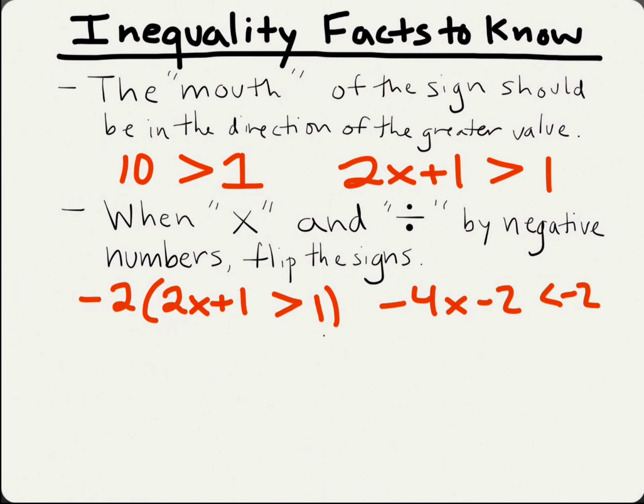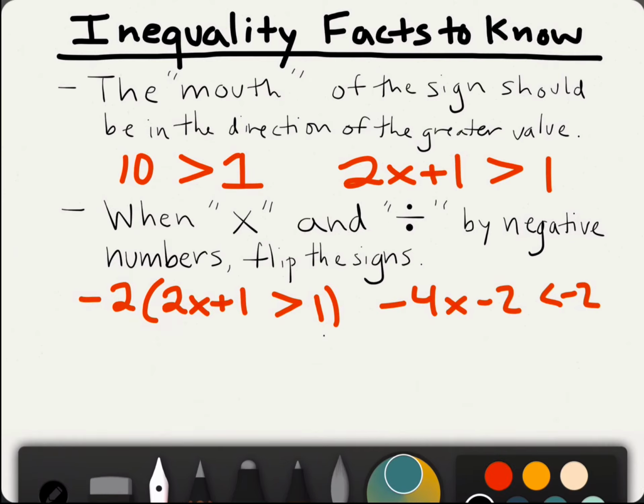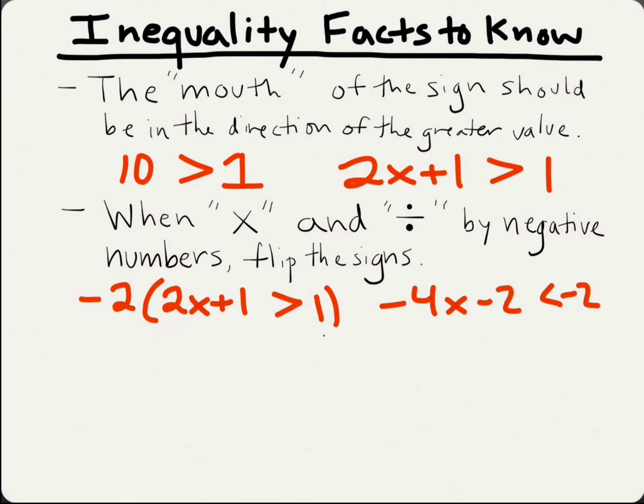Here are some basic facts about inequalities that you should know in general. The mouth of the sign, quote unquote, should be in the direction of the greater value. So in this instance up here, it says 10 is greater than 1. This is the greater than sign. The mouth is open towards 10, which is a greater quantity than 1.